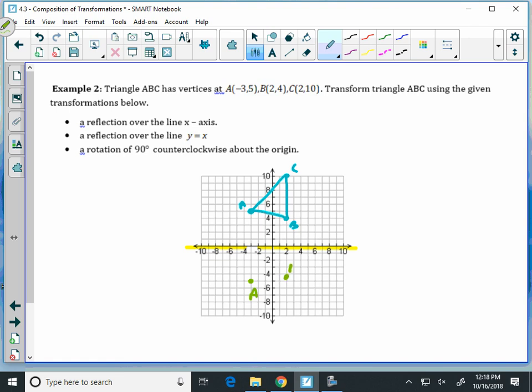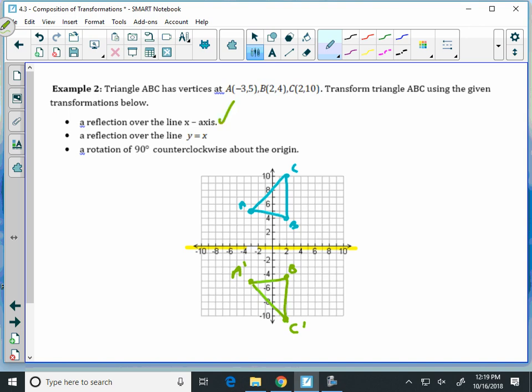That is B. And we count 10. That's C prime. I'm going to move my A. So after you do your reflection, it should look something like that. That's the reflection over the x-axis, the one in green.